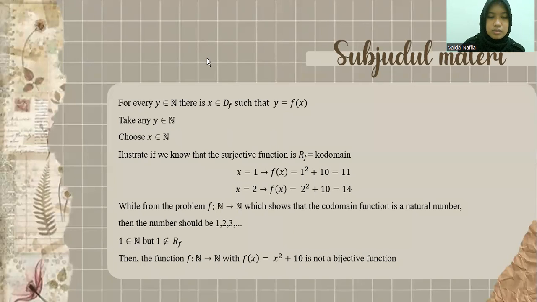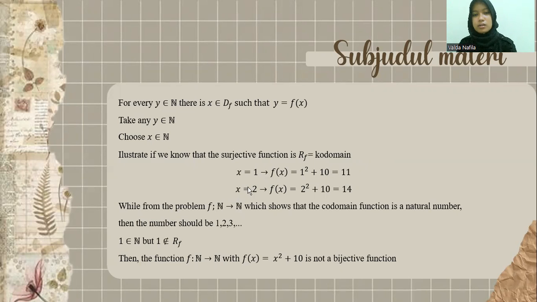Okay, a surjective function proof. For every y element N, there is x element Df such that y equals f(x). Take any y element N, choose x element N. If we know that the surjective function is Rf, or codomain. If x equals 1, it implies f(x) equals 1 squared plus 10 equals 11.